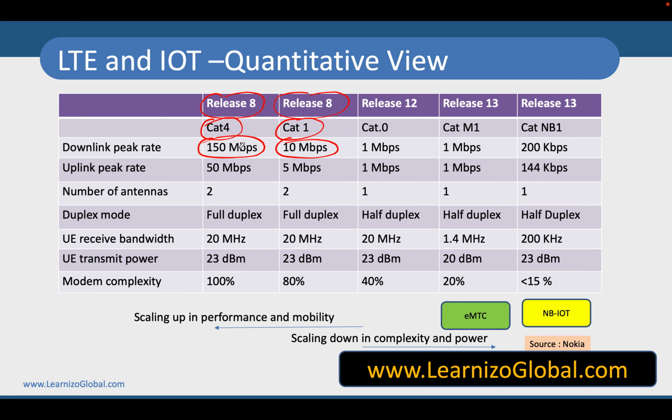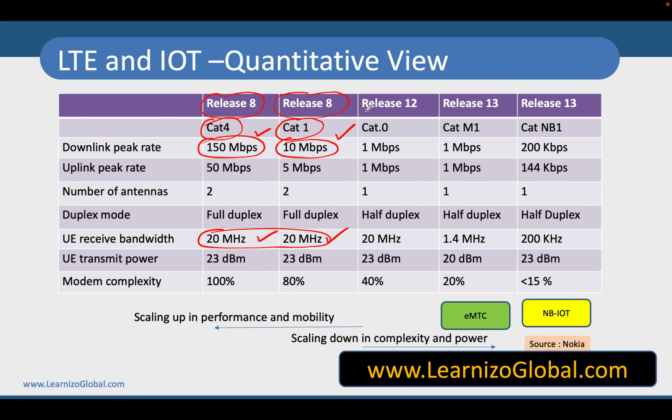However, if you look at the UE receive bandwidth, that is going to be 20 megahertz. So what does that mean? This means that whether the network gives you 150 Mbps or 10 Mbps, the user should be capable of handling 20 megahertz of bandwidth.